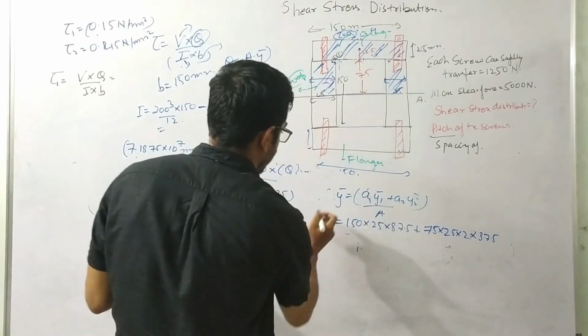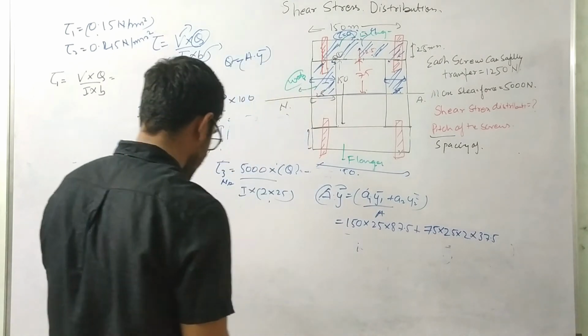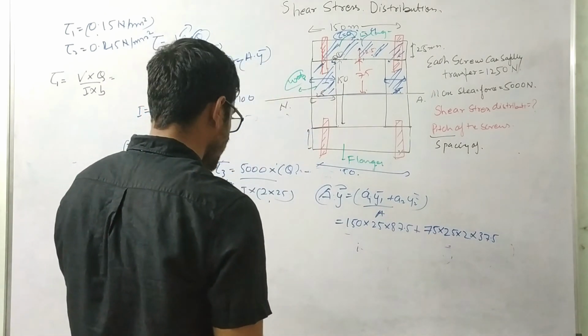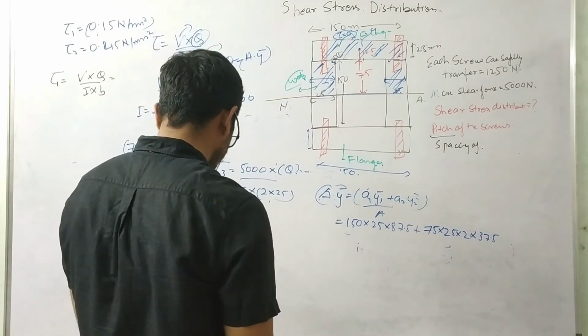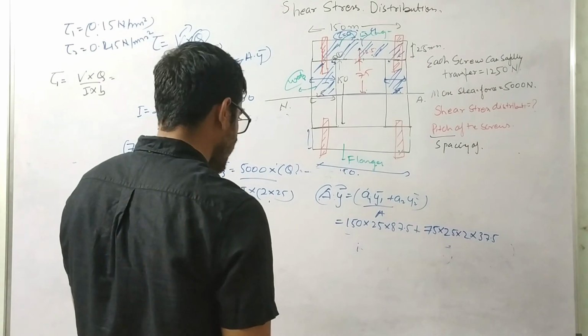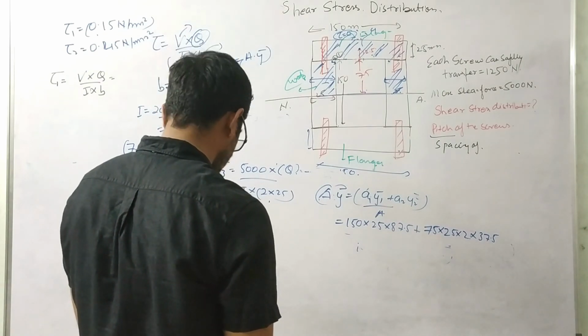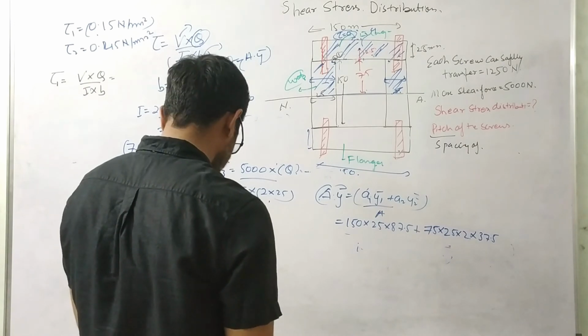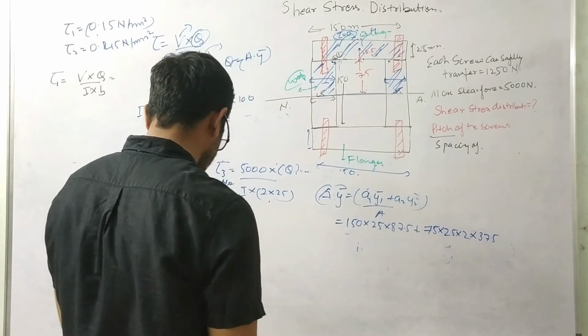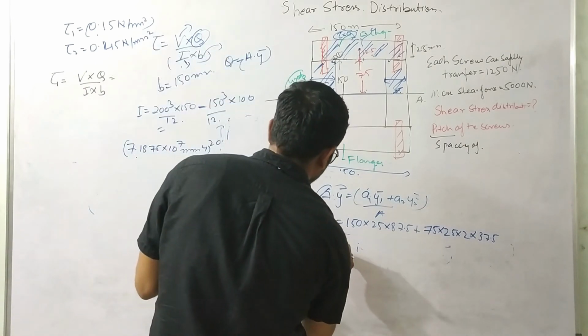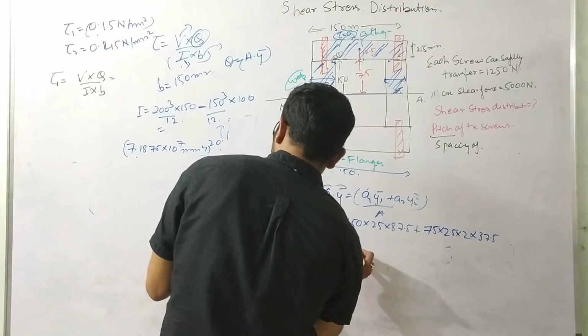So this is 150 into 25 into 87.5 plus 75 into 2 into 25 into 57.5, which is 468,750.